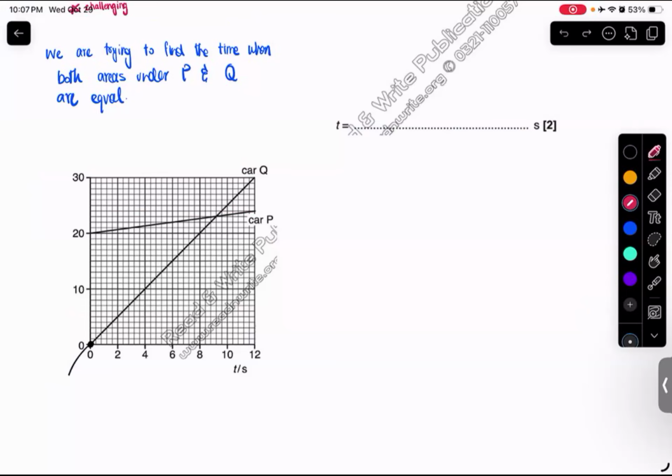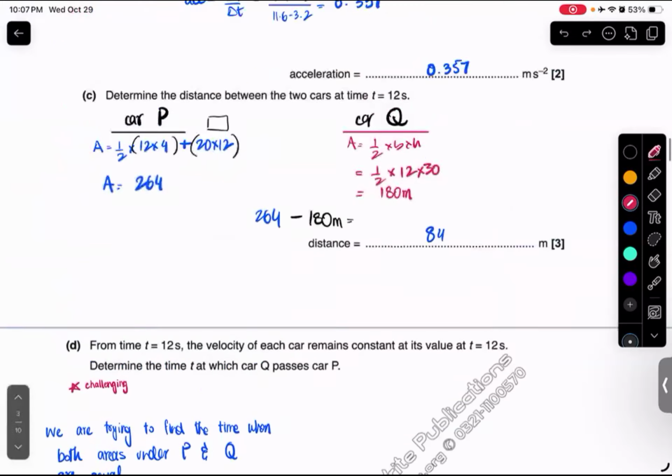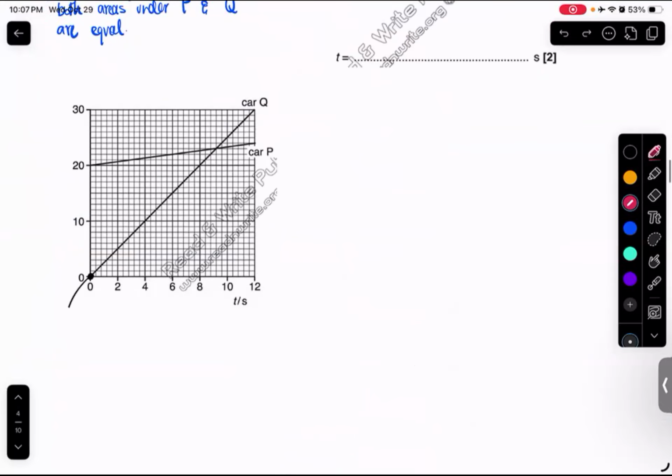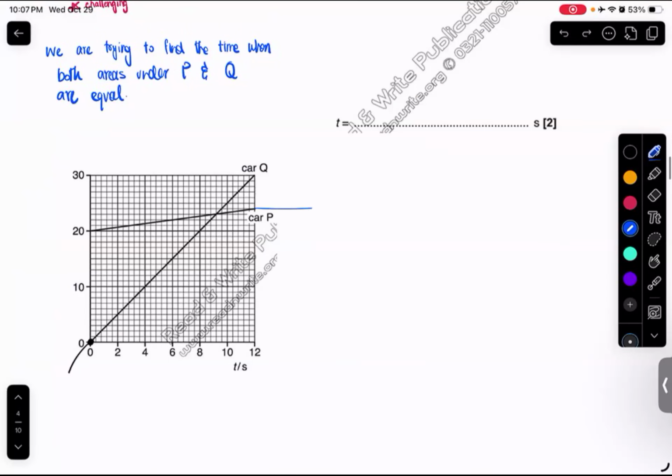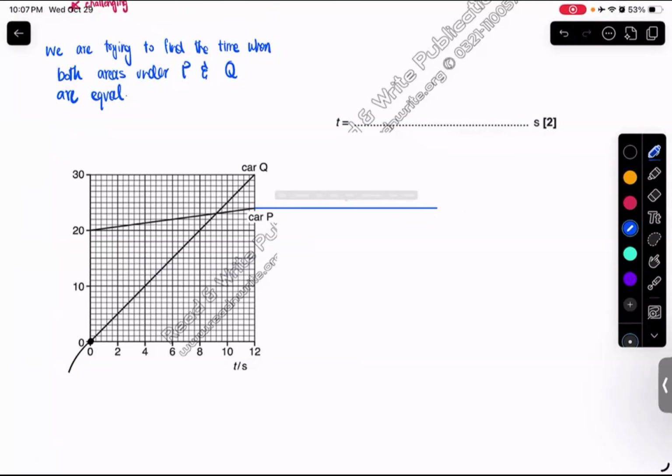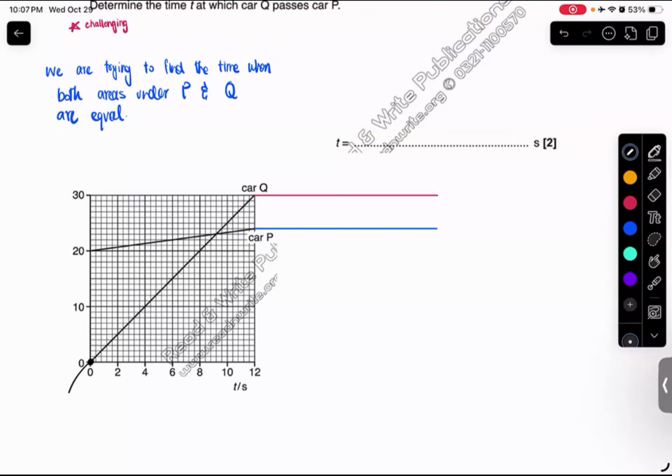So car P continues its velocity. What color did we use for car P? We had blue. So car P continues at this velocity indefinitely. And then it says that car Q also continues its same velocity.